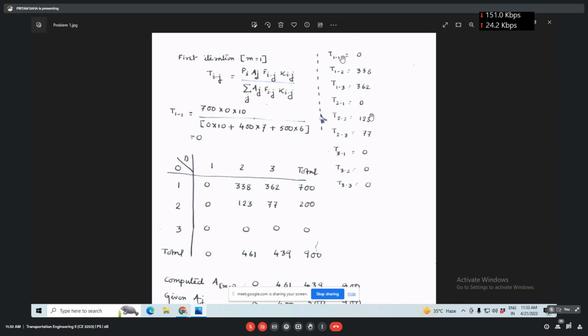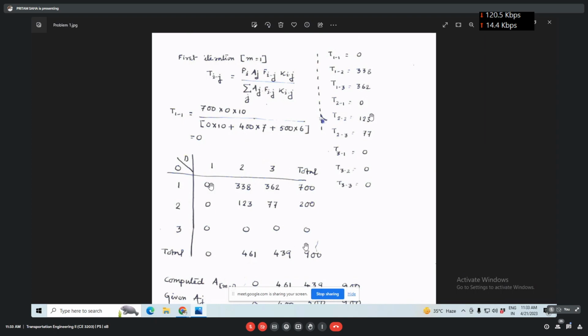T11 is equal to 0, so against 1,1 you have written 0. T12 is 338, so against 1,2 you have written 338. Similarly, it is 362. This way we have entered all the values obtained from our calculation using the gravity model.